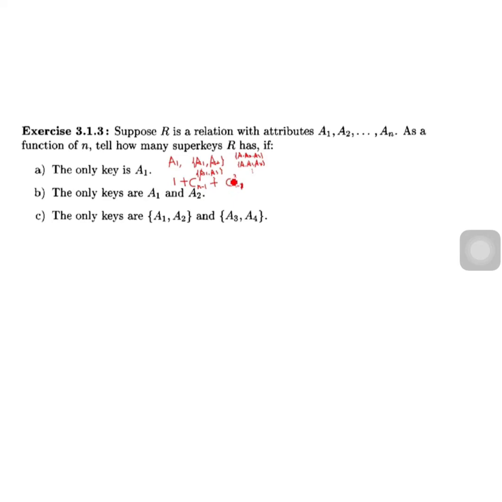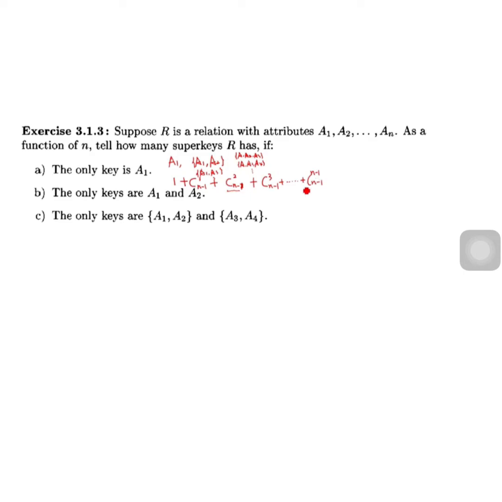So this is the number. And the superkeys with 4 attributes, choose 3 attributes from A2 to An, and so on.